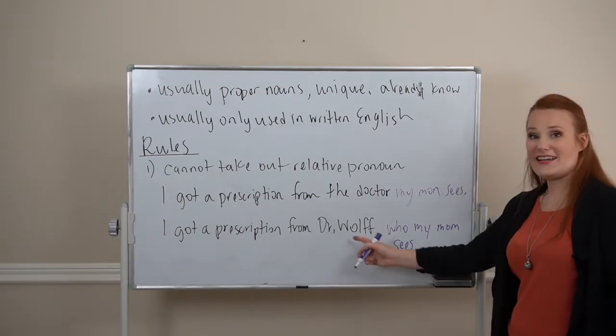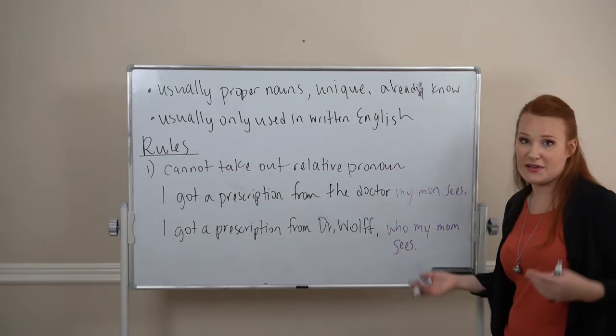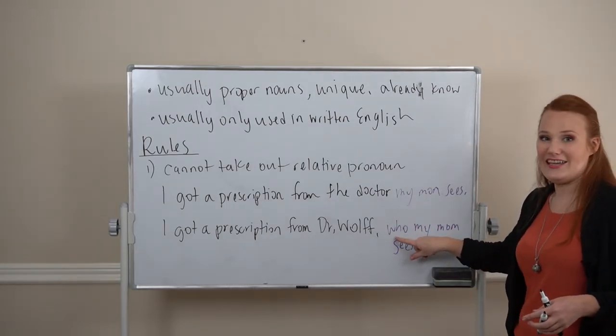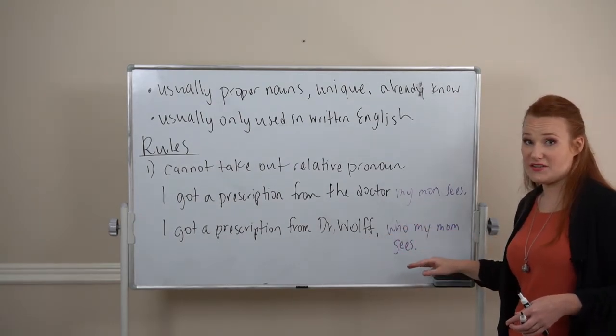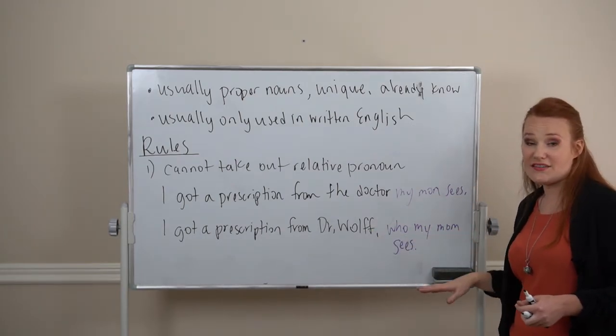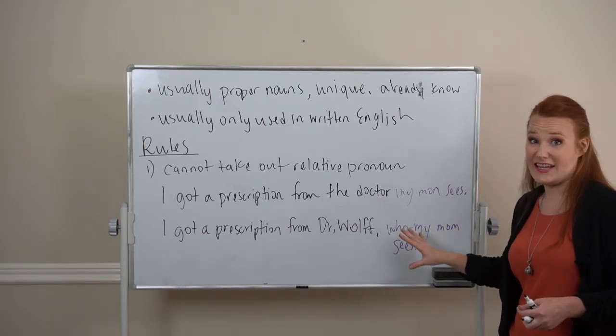So in this case, I've already identified Dr. Wolf. This is just extra info. Oh, also my mom goes to the same doctor. But in this case, I have to keep who. Dr. Wolf is still the object of this clause. My mom sees Dr. Wolf. But with these non-defining clauses, we can't drop that relative pronoun. It's got to stay in here, okay?